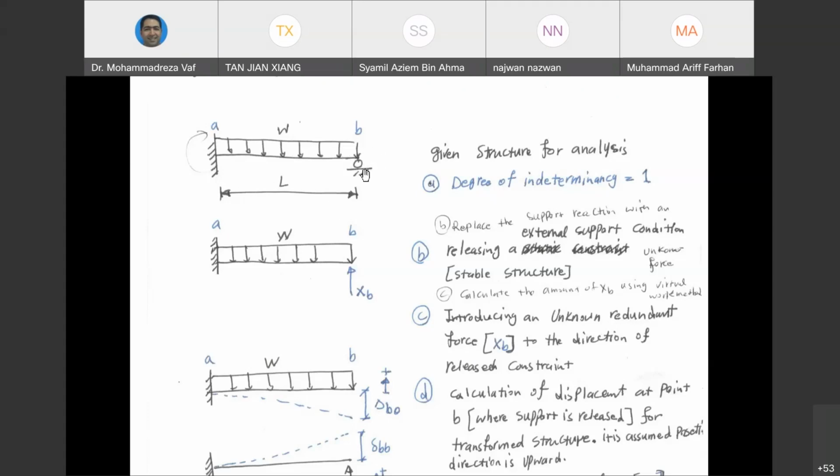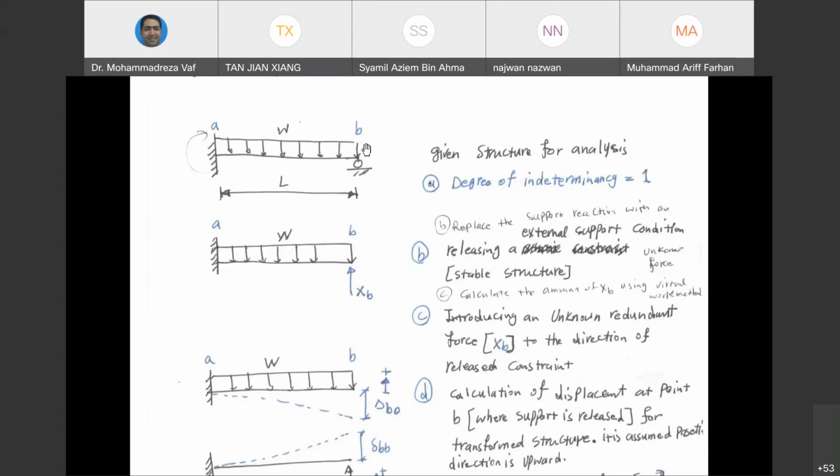You need to select which support reaction you want to obtain, meaning there are 4 support reactions here. One of these support reactions is the one that if we know it, we can analyze the rest of the structure, right? For example, if you know how much is the support reaction at point B, let's say it is 10, then the other 3 can be easily calculated.